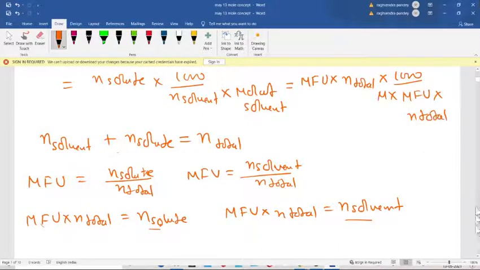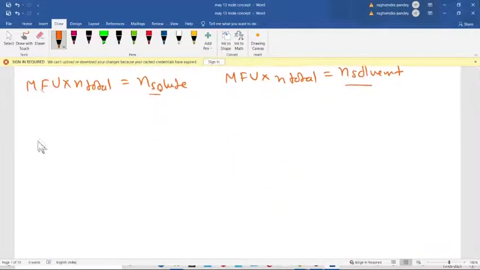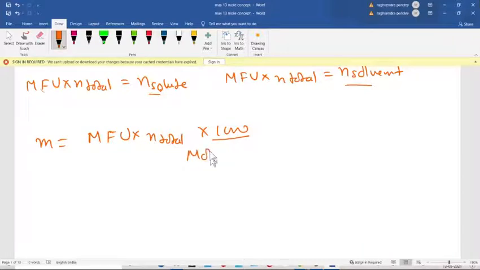So here now I can write it clearly. Molality is your mole fraction of solute into n total into 1000 upon molecular weight of solvent into mole fraction of solvent MFV into n total.